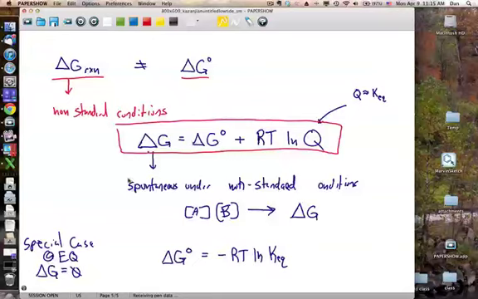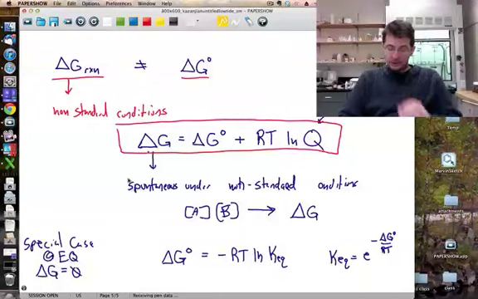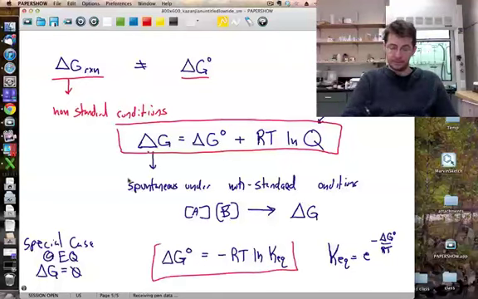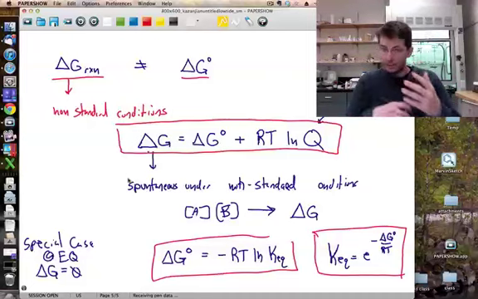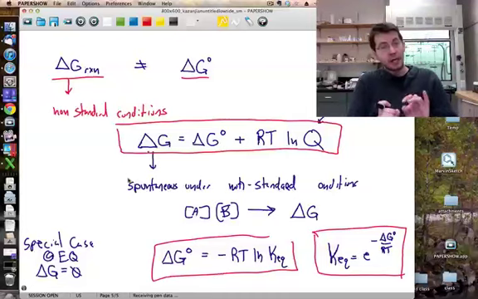There's also the exponential form, KEQ is equal to e to the negative delta G naught over RT, allowing us to use delta G information to calculate the equilibrium constant. So a lot of flexibility. Given an equilibrium constant, all of this stuff that we've been talking about for the past several weeks is directly tied to the free energy change in the reaction.